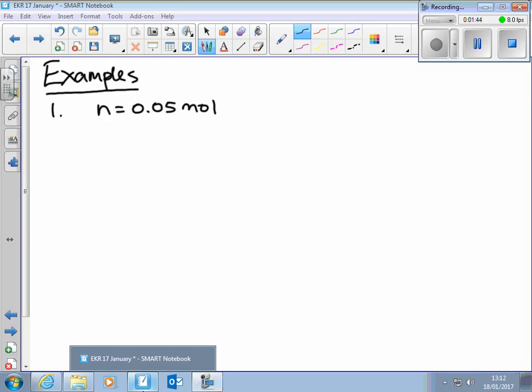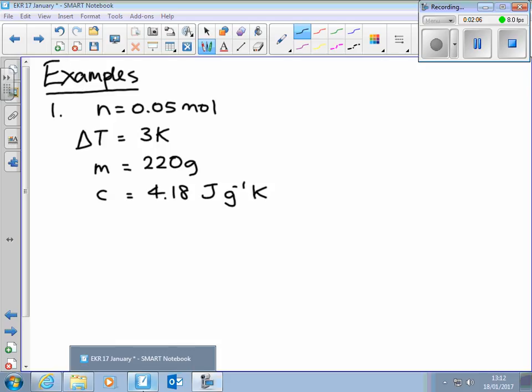We've been told that our delta T is 3 kelvins. We've been told our mass is 220 grams. And we know that C is 4.18 joules per gram per Kelvin. That's right. Get into the habit of putting your units in.